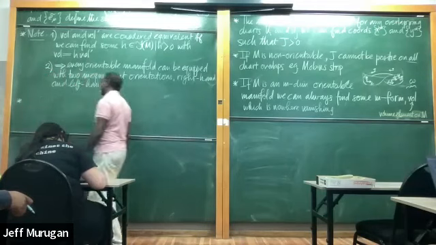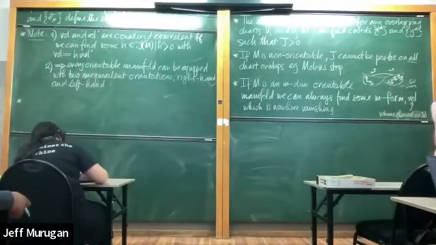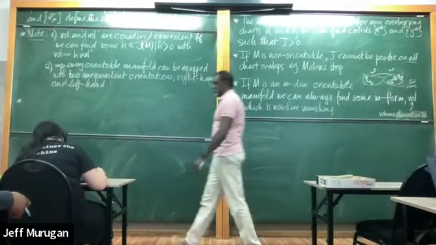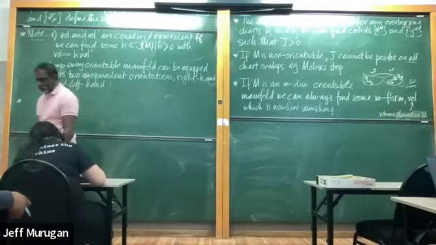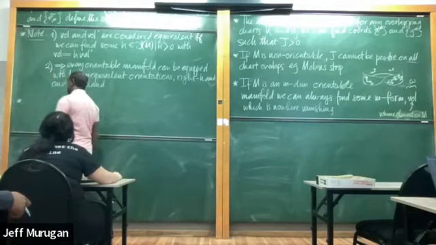Point 2 is that I said there's a canonical volume form to be defined on a manifold. Suppose I have some n-dimensional orientable manifold M, and it has a metric g.